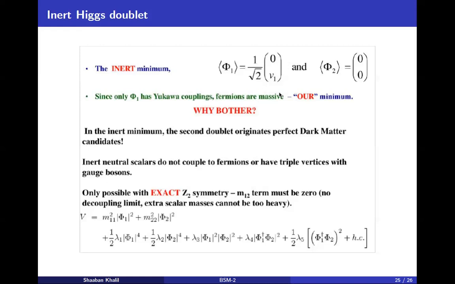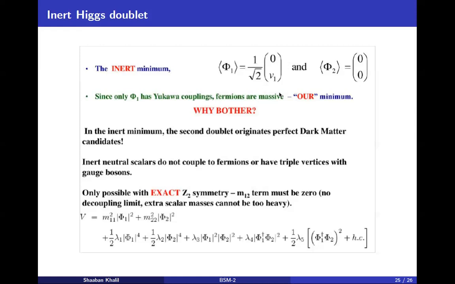Fortunately, we have contributions from λ4, λ5, and they are still there contributing. So M_A will not be identically 0, neither will the charged Higgs. Anyway, in this case, the M12 term will be 0, and in no decoupling limit the extra scalar masses cannot be.